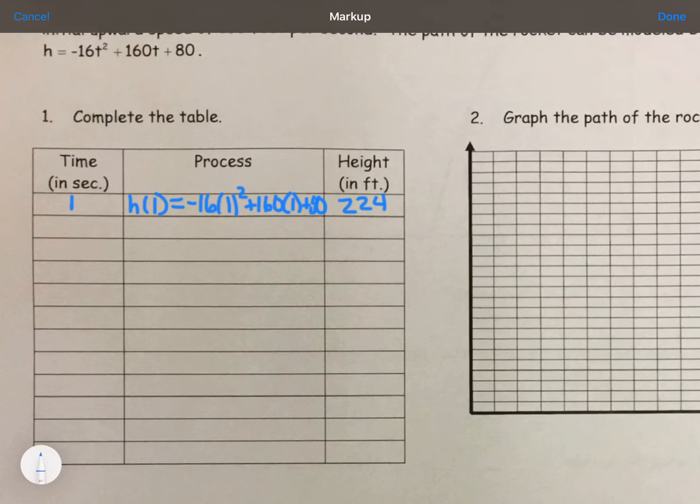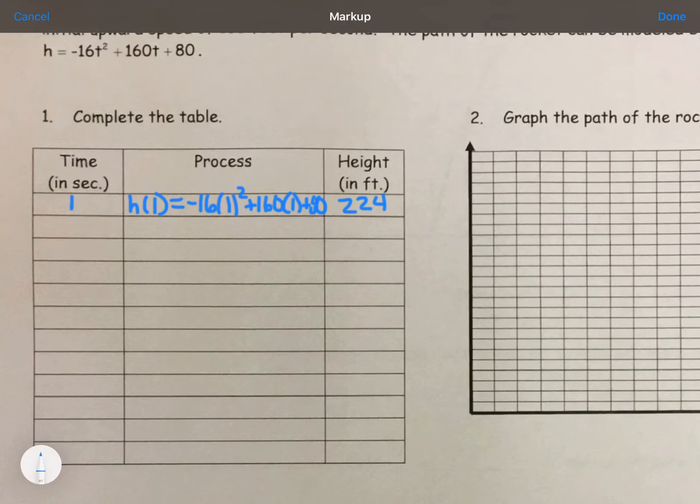If you have your calculator, you can just go to the graphing part and plug in negative 16t squared plus 160t plus 80. Actually, I would do x. Just put negative 16x squared plus 160x plus 80 and graph it in your calculator. Okay?